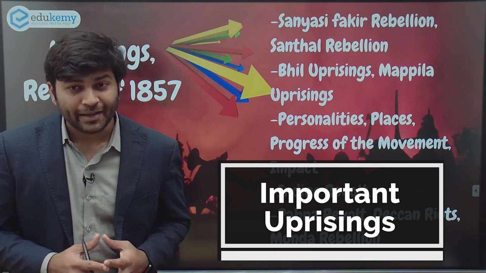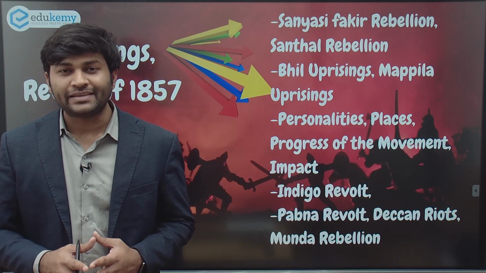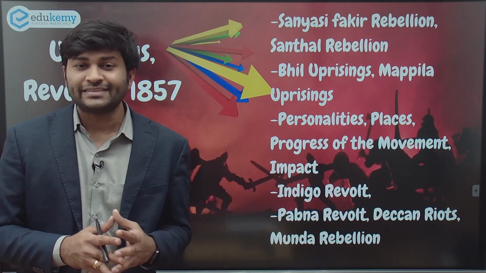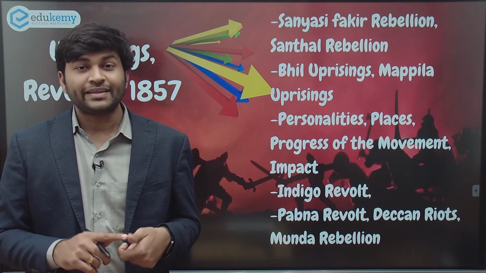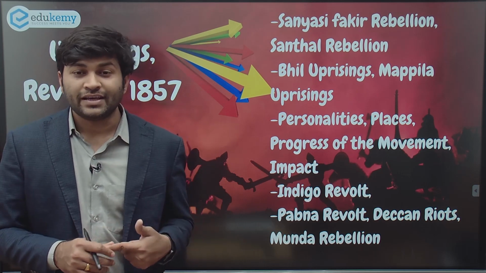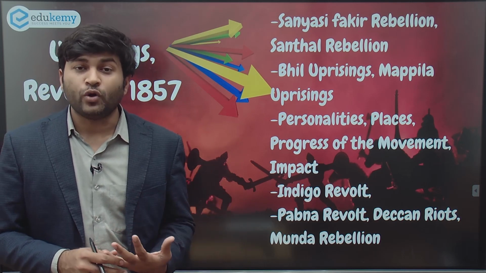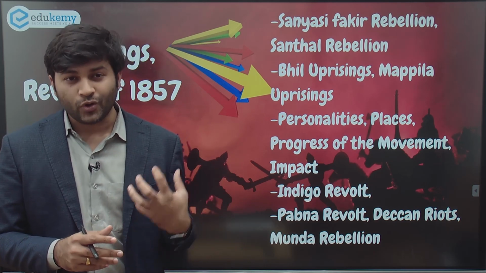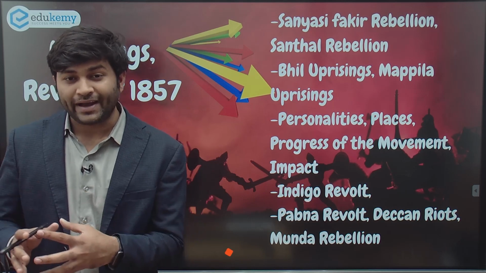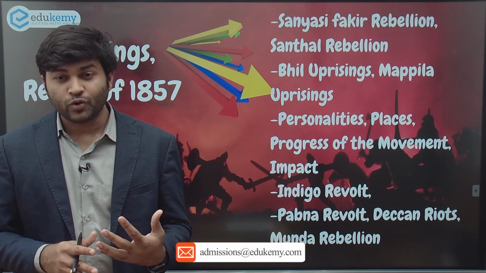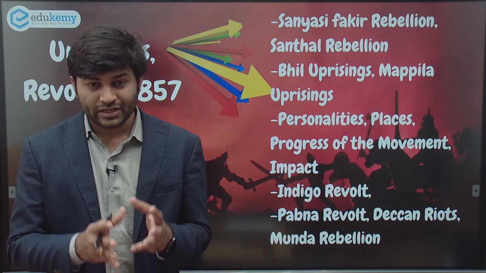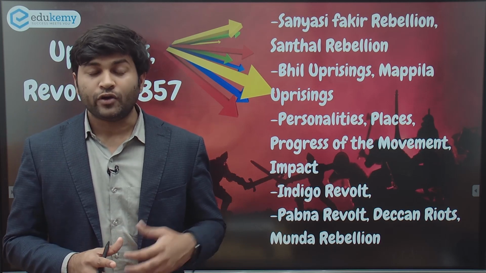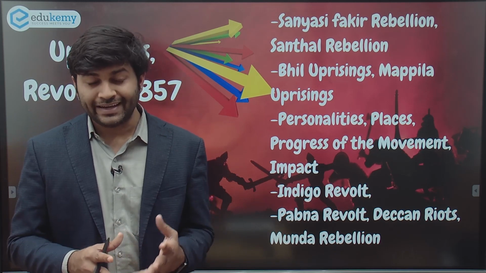We have the Bhil uprisings, the Mapila uprisings, the various personalities, various places, the progress of these movements, the impact of all these uprisings, the various peasants' revolts, the Indigo revolt, what the causes of this were, what the impact was, that is important. The Pabna revolt, the Deccan riots, the Munda rebellion, all these are some of the important aspects related to the uprisings and revolt. And also important is the revolt of 1857.